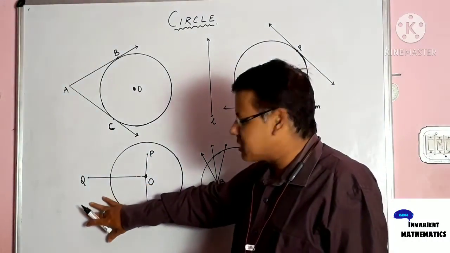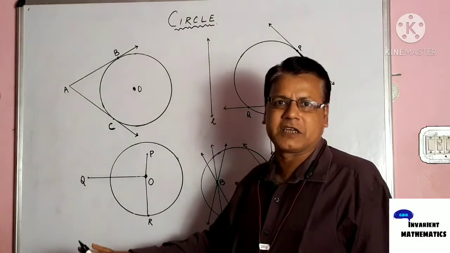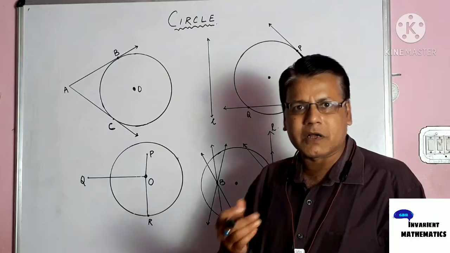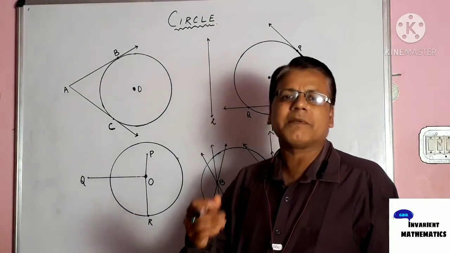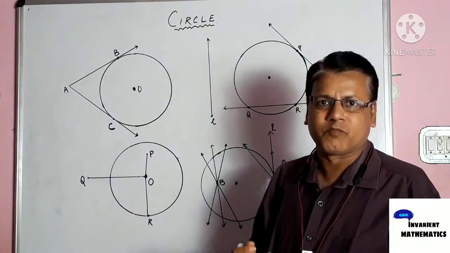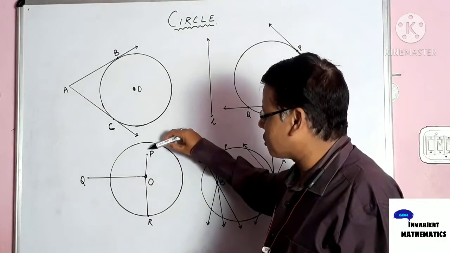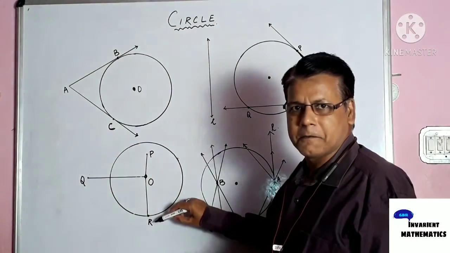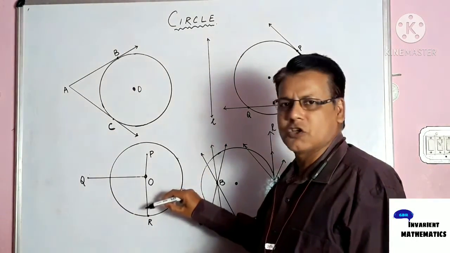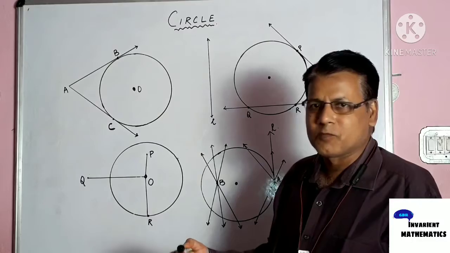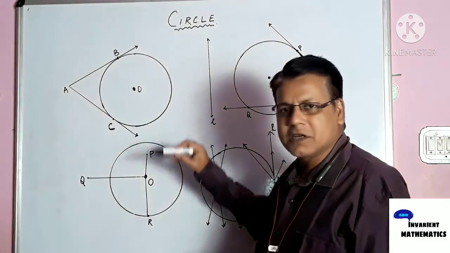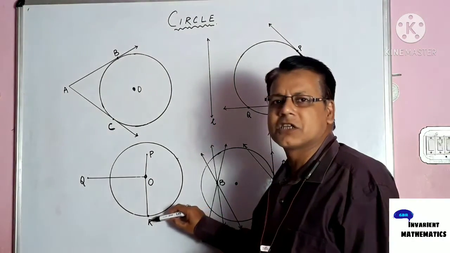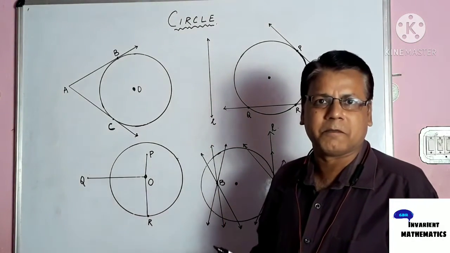Now, this concept says how we know that a point is an exterior point, an interior point, or a point on the circle. Suppose I am taking here 3 points P, Q, R. By looking at this, we can say that P is an interior point, Q is an exterior point, and R is a point on the circle.